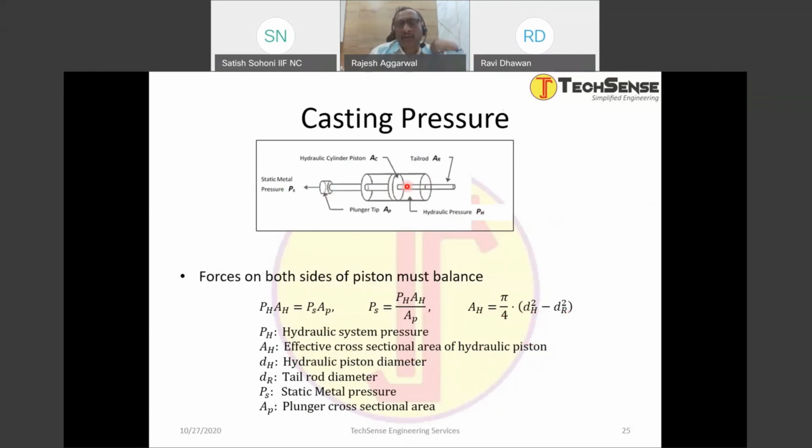It is basically the tail rod, correct? This is simple mathematics. We calculate the effective cross-section area: the cylinder piston d square minus tail rod d square, into pi divided by 4, that is the AH, right? And the hydraulic system pressure is the nominal pressure put up in phase 3 during intensification.